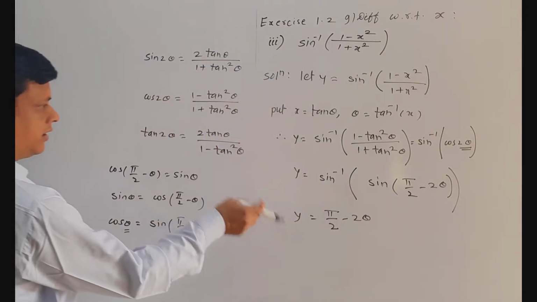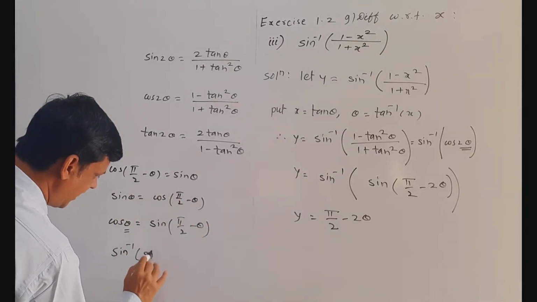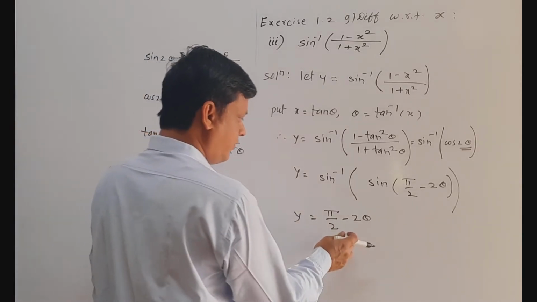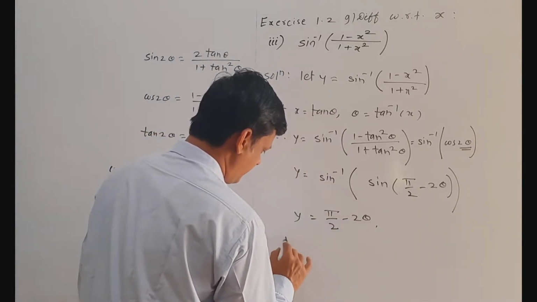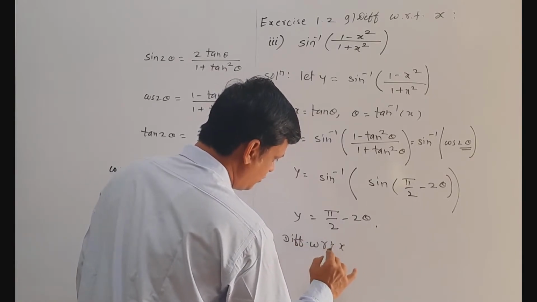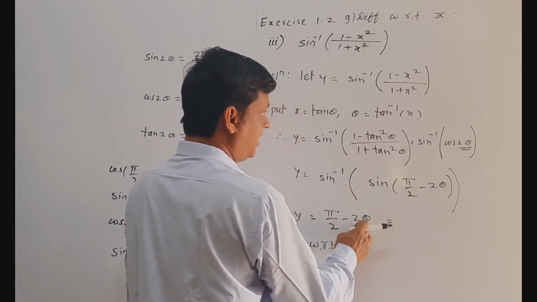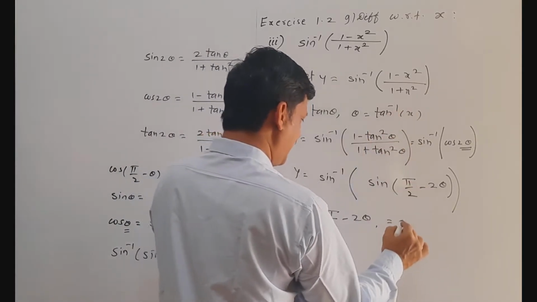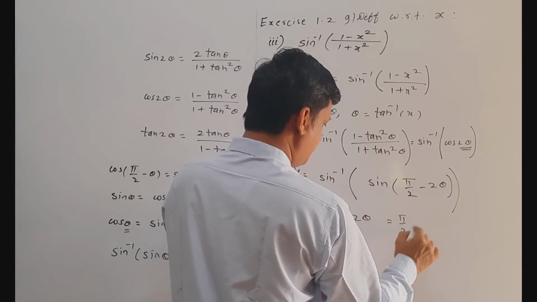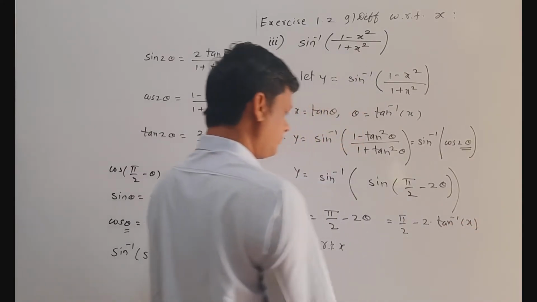So you write here one more formula, sin inverse of sin theta is equals to theta. Now we differentiate this function with respect to x. Before differentiating this function, we have to replace this theta in terms of x. So we write here y as pi by 2 minus 2 into tan inverse of x.